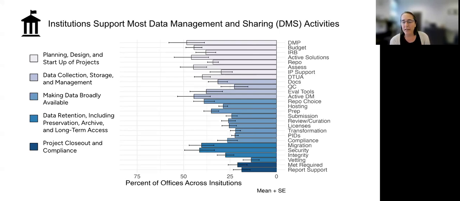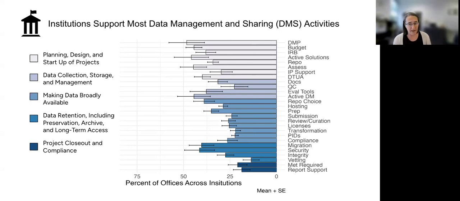Support for data collection, storage, and management activities, the next block down, was about 44%. And data retention and preservation activities are about 40 and 41%, as well as active storage collection and management activities. But across the board, we see that institutions are providing support for these activities.